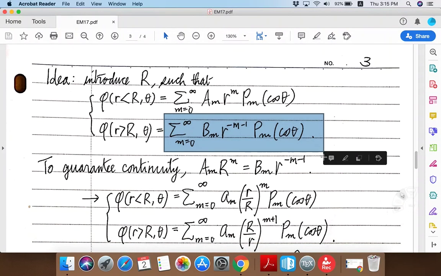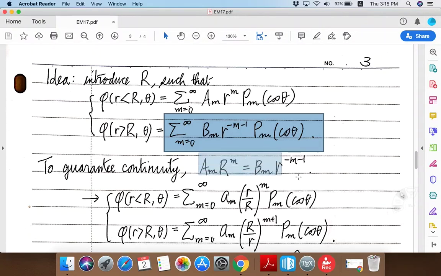Okay, so what we do is we divide up the space into two parts, and within each part, we only pick those solutions that have no divergence whatsoever. Now, however, across little r equal to big R, these two solutions have to join together in a continuous way.